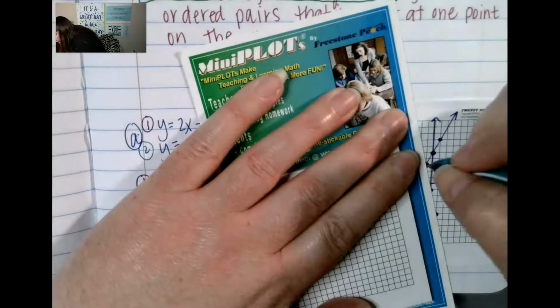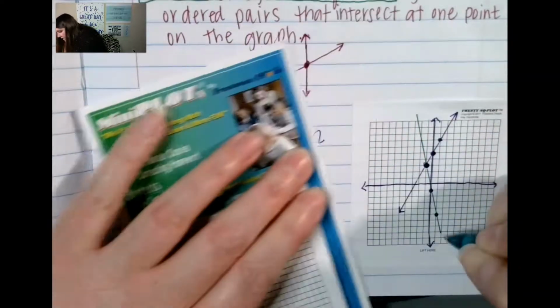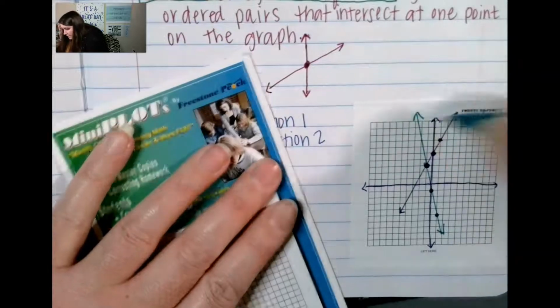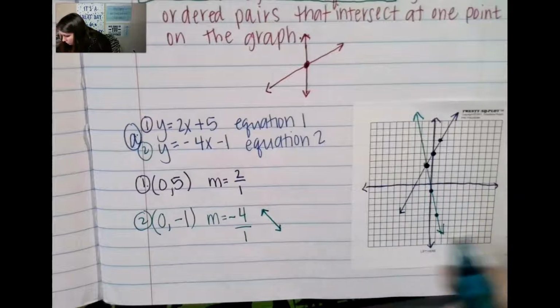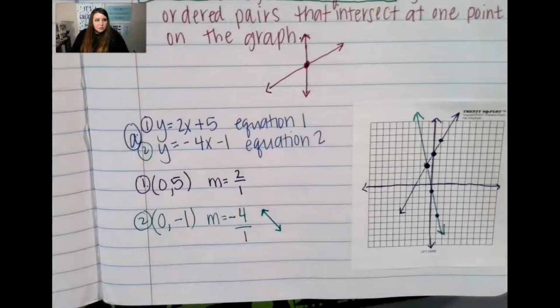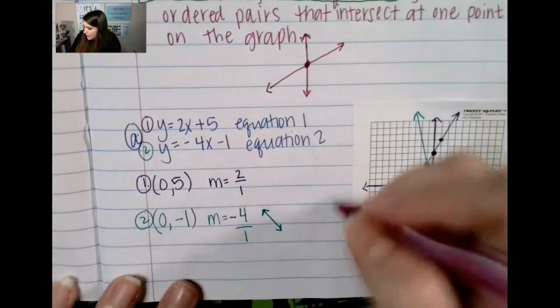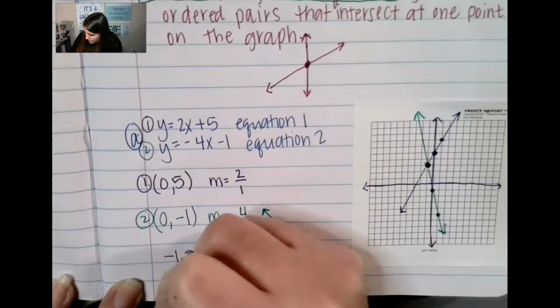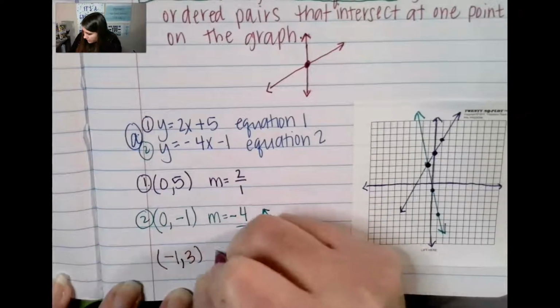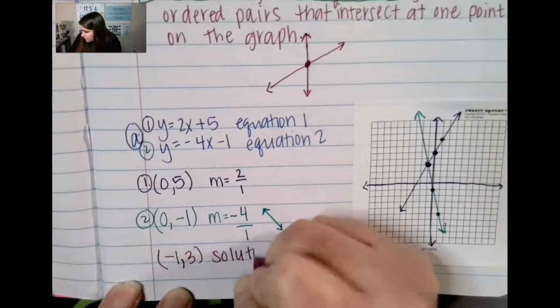And look where these two lines intersect. They intersect at negative 1, 1, 2, 3. So our solution, or our system to this equation, is negative 1, 3 is the solution.